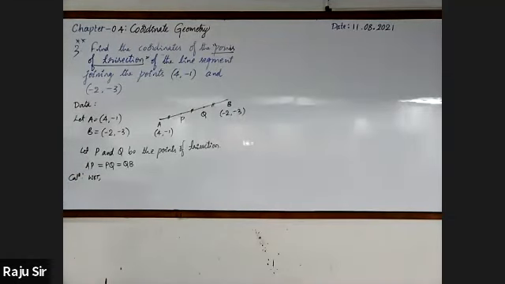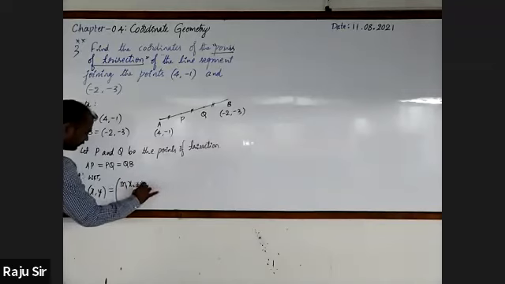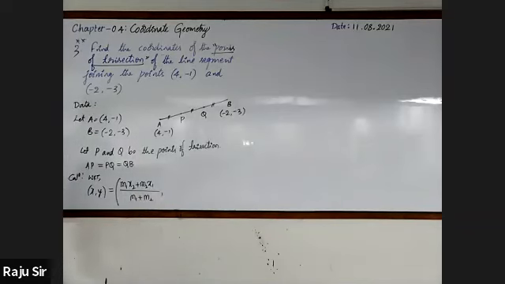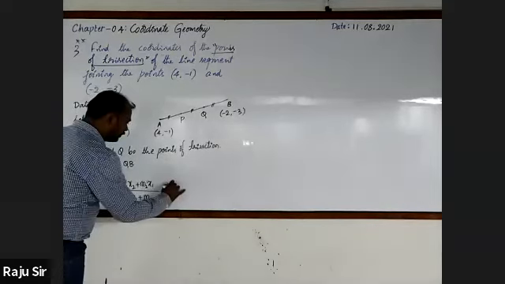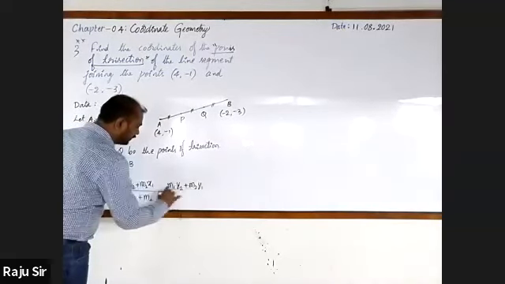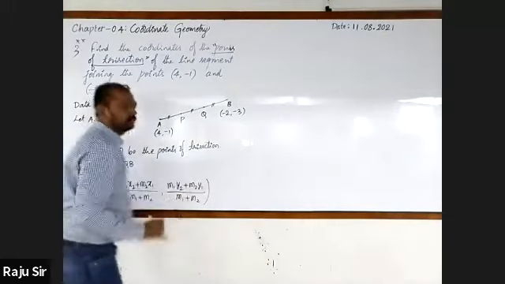We know that (x, y) is equal to (m1 x2 plus m2 x1) by (m1 plus m2), next, (m1 y2 plus m2 y1) by (m1 plus m2).